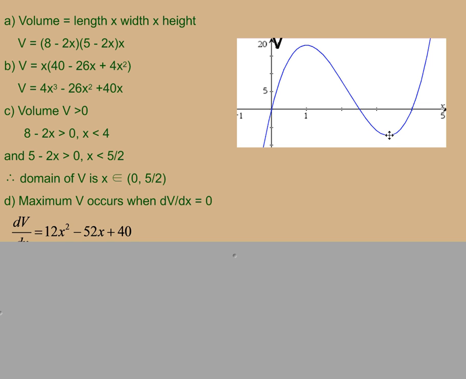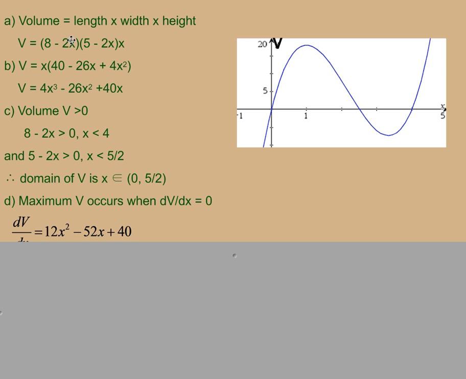Here, it's suggesting the volume is negative, which is impossible. So we're only interested in this part of the curve here, above the x-axis. And of course, this point down here, taking x greater than, say, 1, 2, 3, greater than 4. Let's say we took 5.